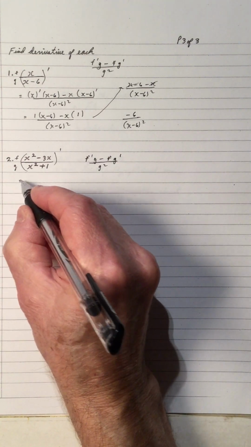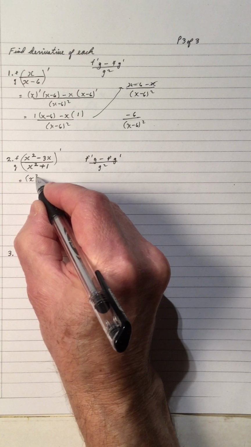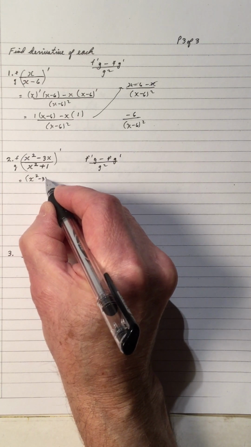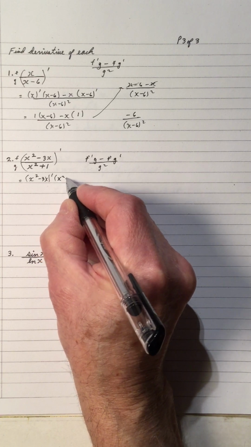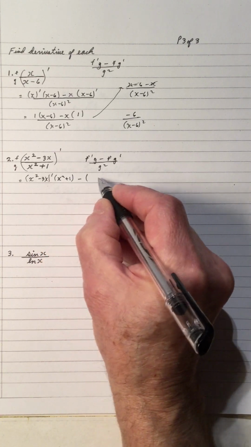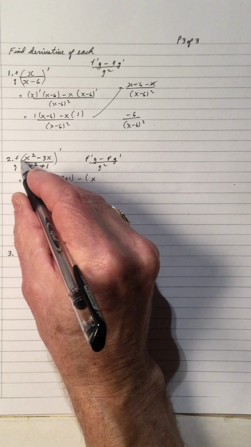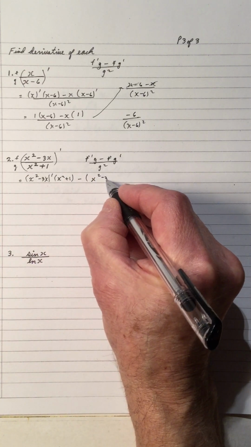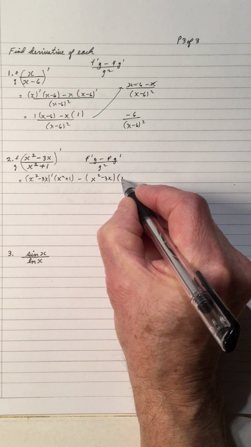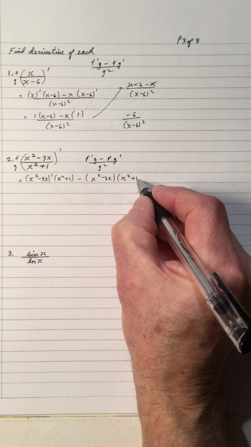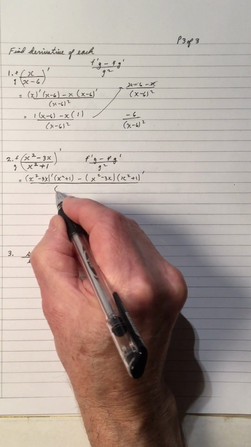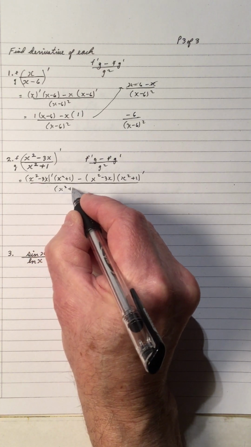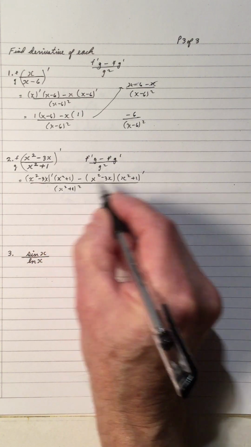And here we go. So we have f, x squared minus 3x, derivative times g, which is x squared minus 1, subtract x squared minus 3x times the derivative of g. And that's all over your denominator, which is x squared plus 1, squared.